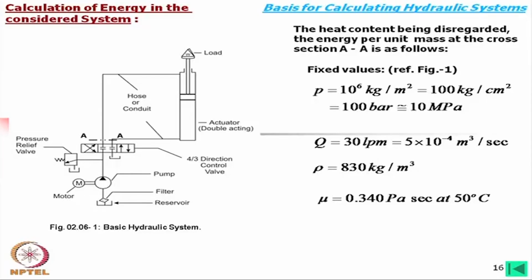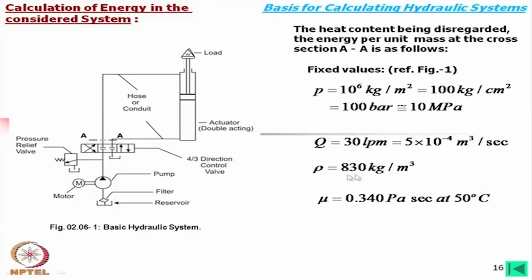And in case of very precision operations, say fluid power is being used for robots and some precision machines or machine tools, in that case sometimes you will find both cooler and heater is used. Anyway, while you are calculating something for the performance, you have to be careful of this value, because this varies with temperature, and if you know the oil, you need a chart for that to estimate actual mu.